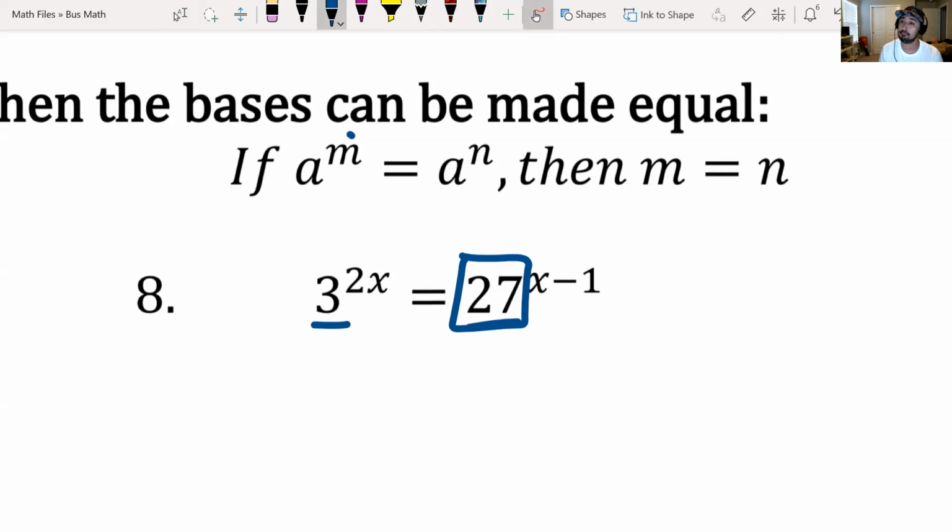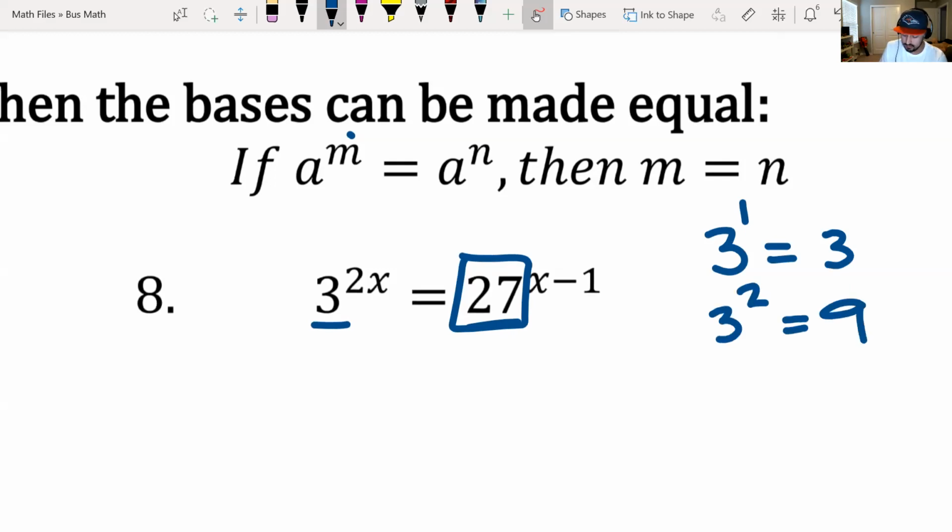Yes, we can. When I say make 27 into a base of 3, I'm just telling us to rewrite 27. So let me show you this little chart over here. 3 to the first equals 3. 3 to the second equals 9. 3 to the third equals 27.